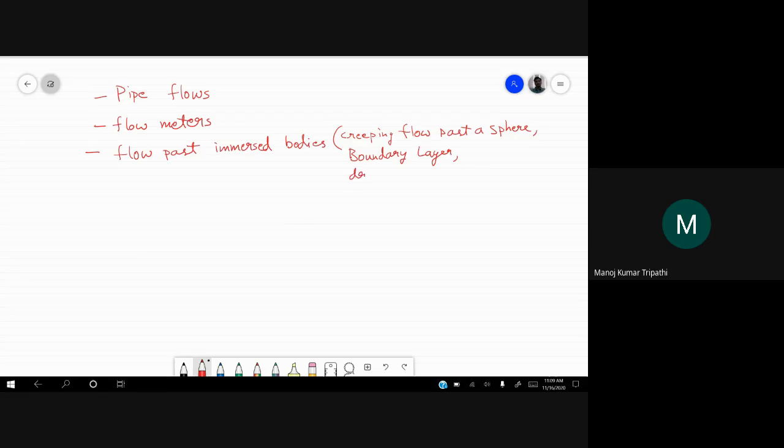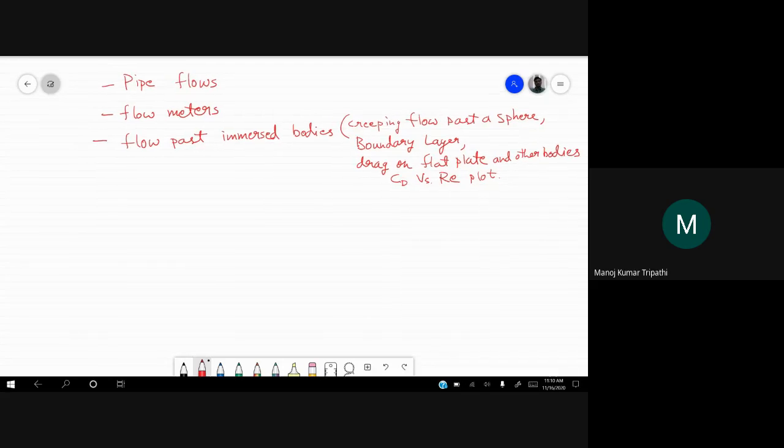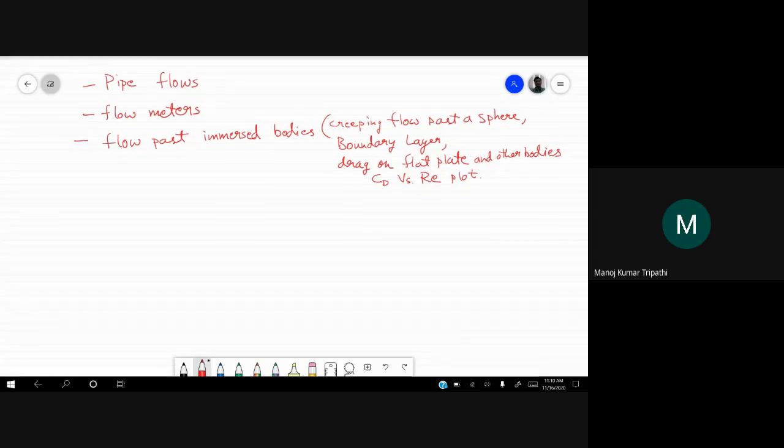So drag on various objects, drag on flat plate and other objects. And there is coefficient of drag, CD, you can call it. And CD depends on Reynolds number. So CD versus Re plots for various objects. So this is flow past immersed bodies.